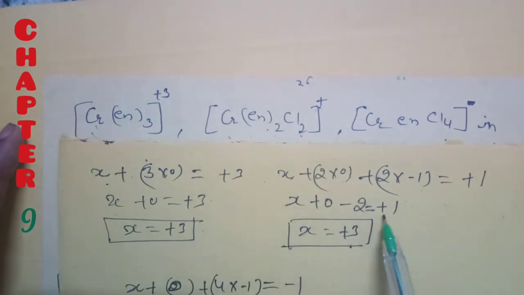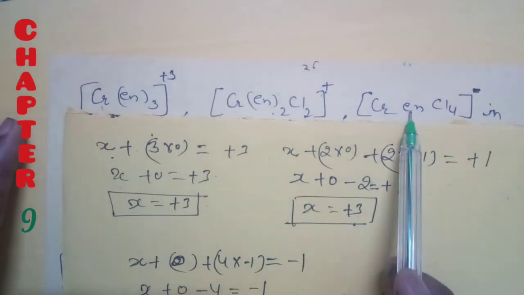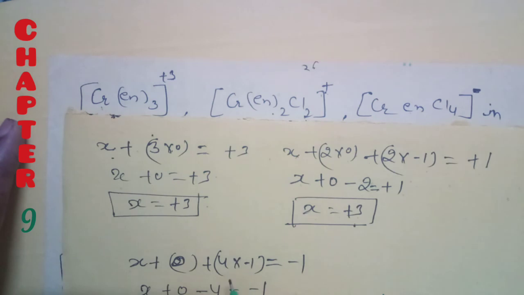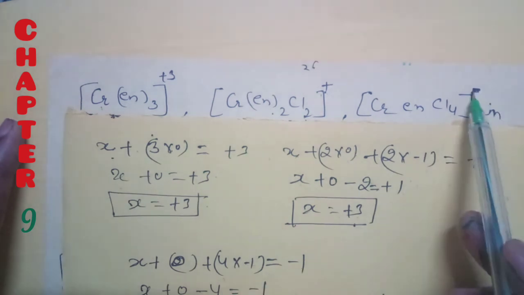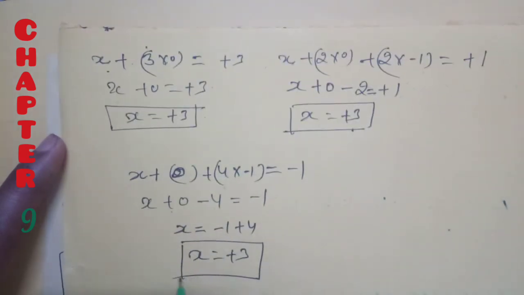X plus 0 minus 2 is equal to +1, then X is equal to +3. In this example, [CrX(en)0Cl4], 4 into minus 1 is equal to minus 1, and minus 1 is the charge of the entity. So X plus 0 minus 4 is equal to minus 1, or X is equal to +3.